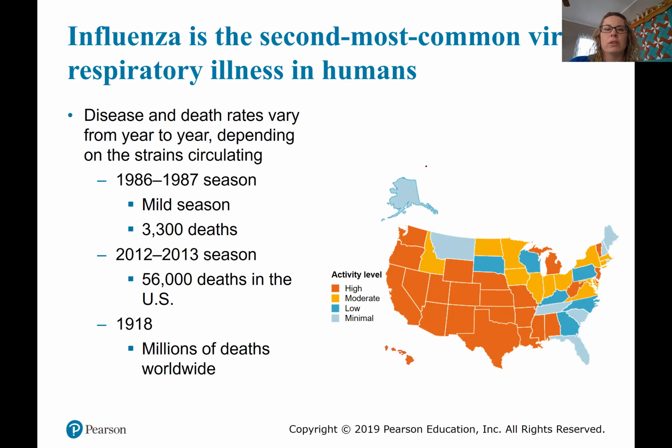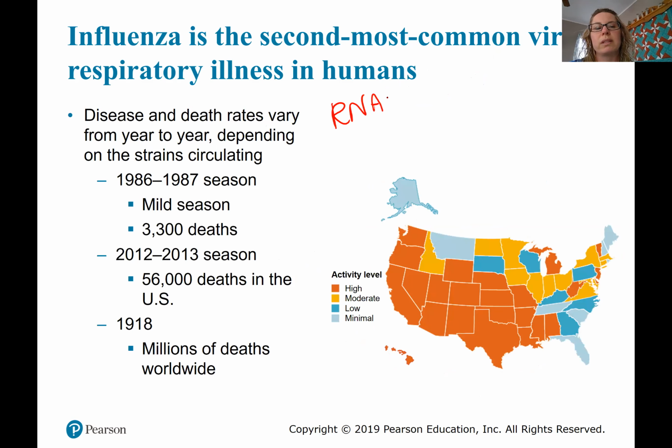Okay. So influenza is the second most common viral respiratory illness. Colds are the most common. And we've talked a little bit about before how the influenza virus is an RNA virus, and it can mutate from season to season and actually within the season as well.